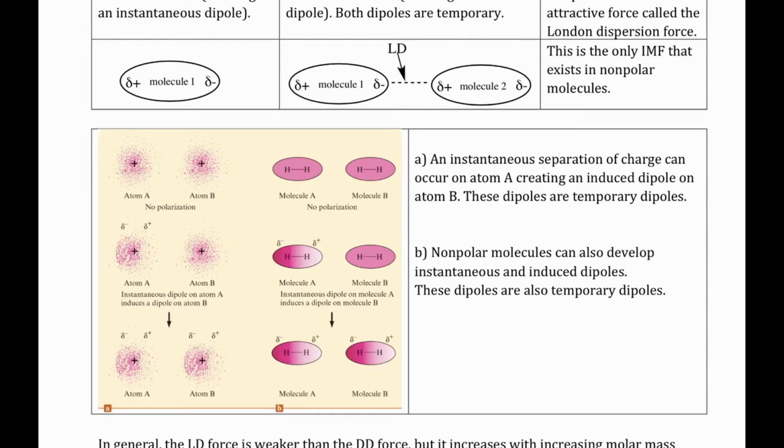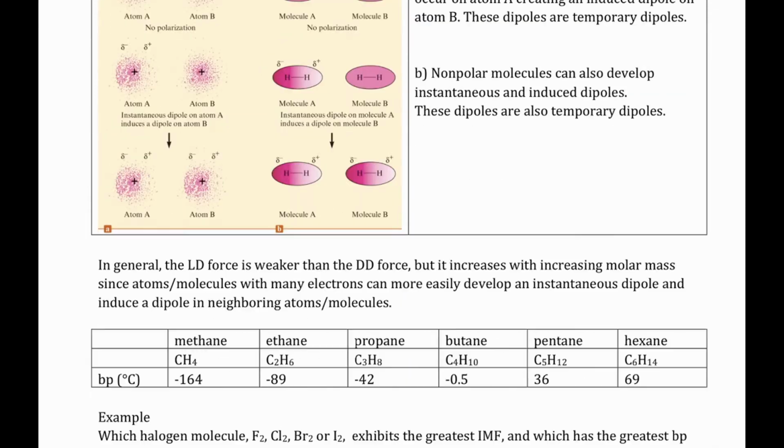This can also happen in molecules, so take H2, it's nonpolar. The electrons move to one side, the left side, in molecule A, and that induces a similar situation to occur in the nearby molecule B, and then they're attracted momentarily by the London dispersion force.